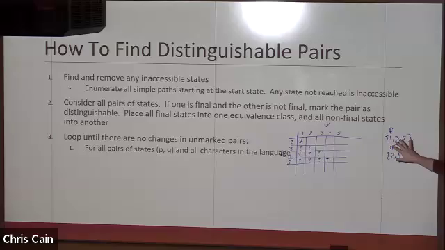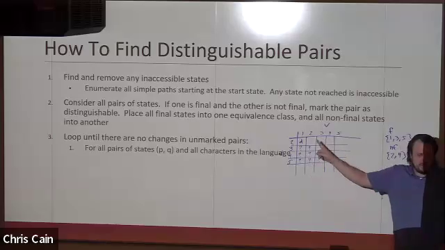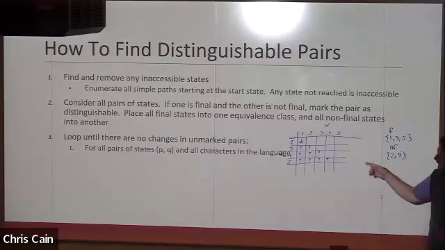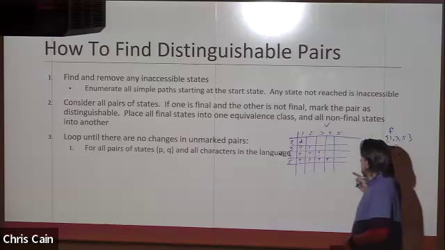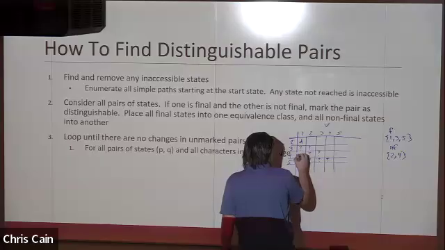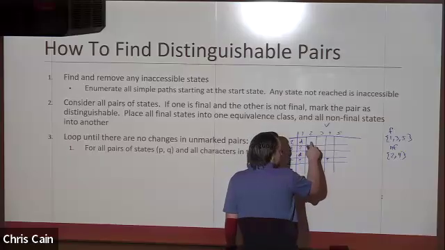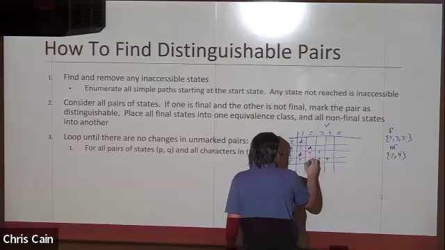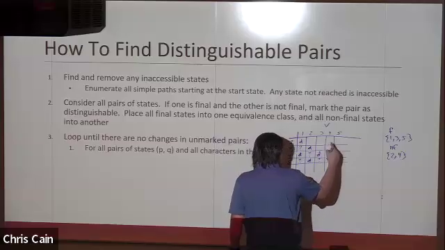So you can either think of it in terms of looping through elements of these equivalence classes or parsing the entire table looking for question marks. So I guess I want to continue doing this and say that 1, 2 was different, 1, 4 was distinct, and then 2 and 3 was distinct, 2 and 5 was distinct, 3 and 4 was distinct, and 4 and 5 was distinct.